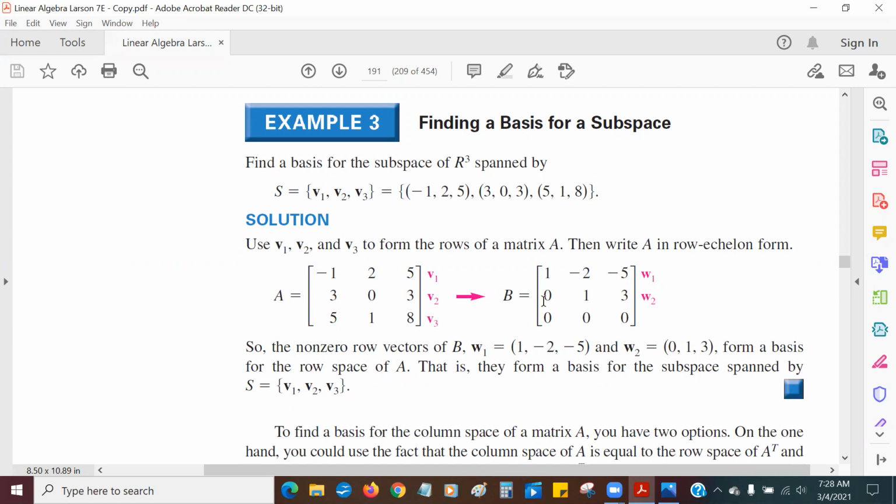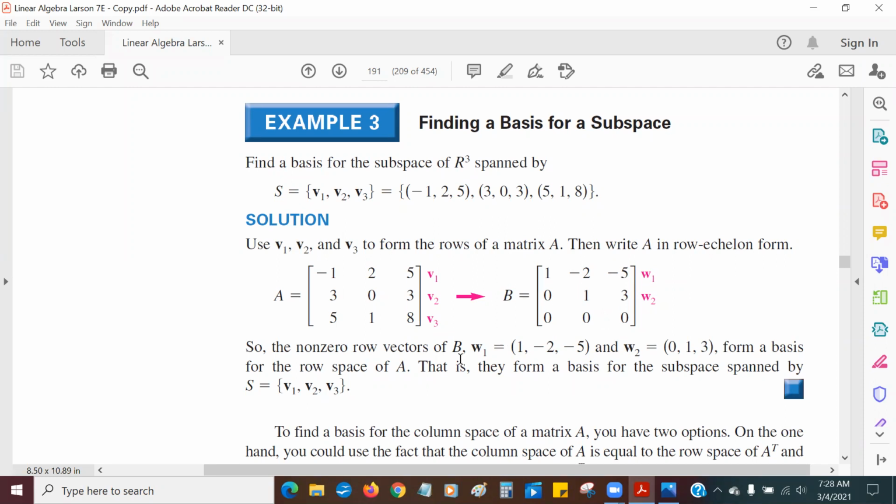So notice that there are two non-zero rows and one row zeroed out, which means that these three vectors are not independent. They're dependent. However, I have two rows here which are independent.